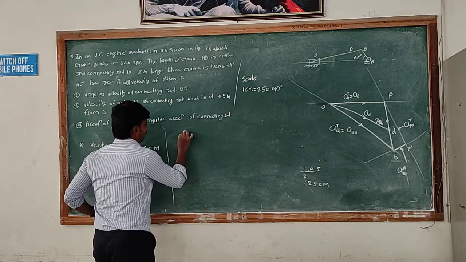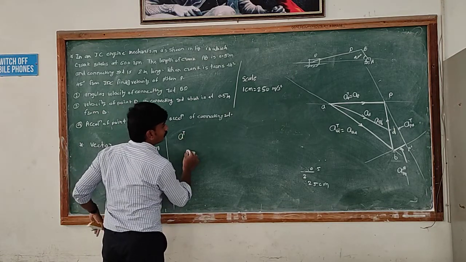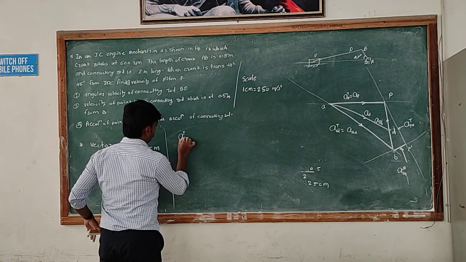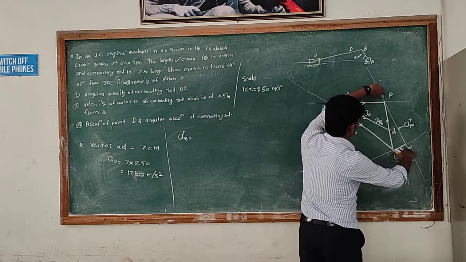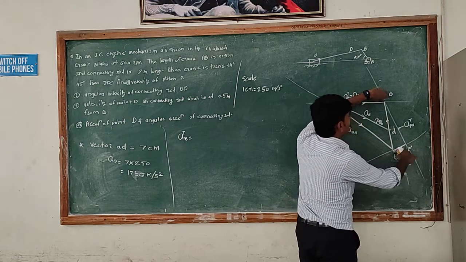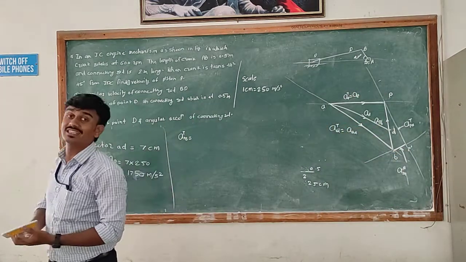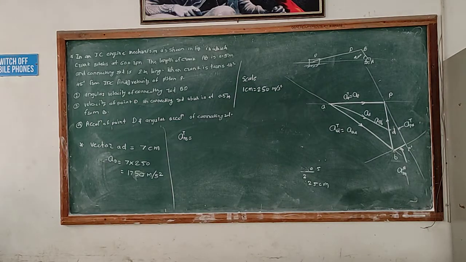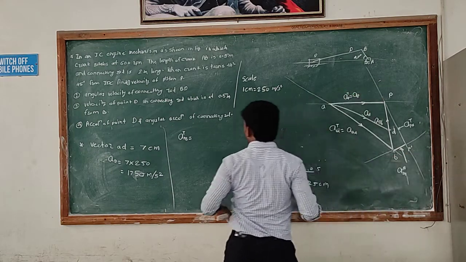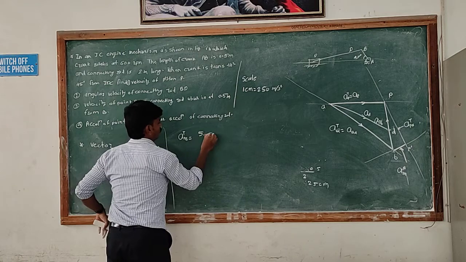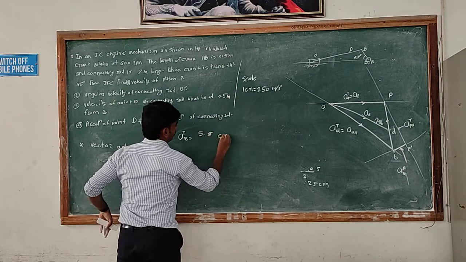So for the tangential acceleration, measure this distance by using some measuring instrument, that is a scale or protractor. If we measure this distance P to P dash, it is 5.5 centimeter.